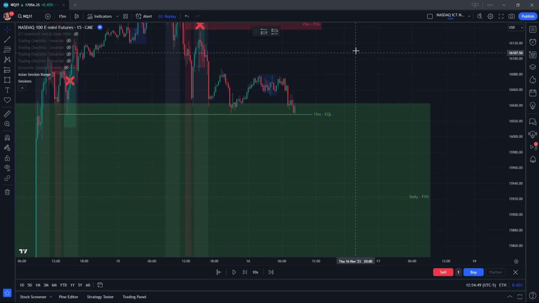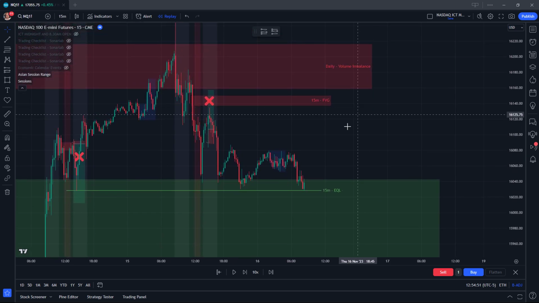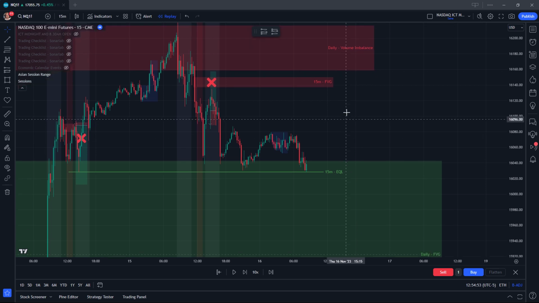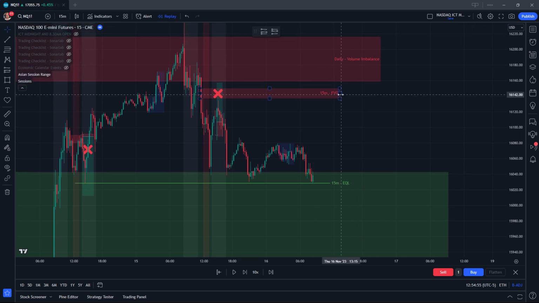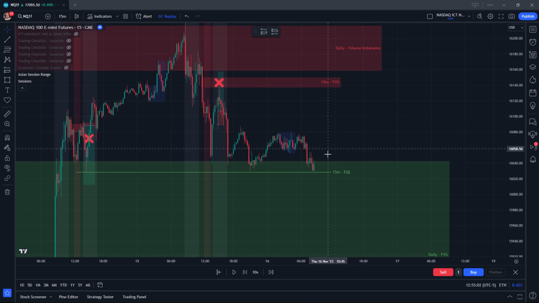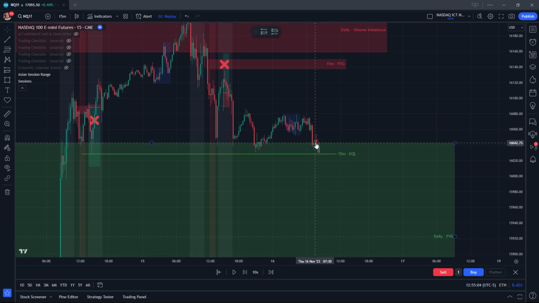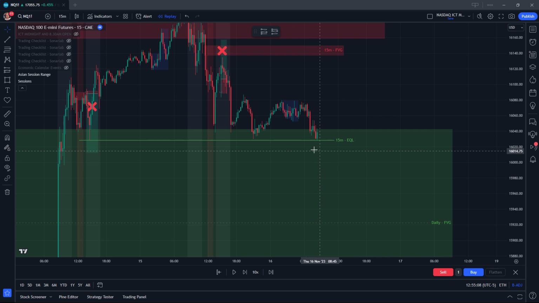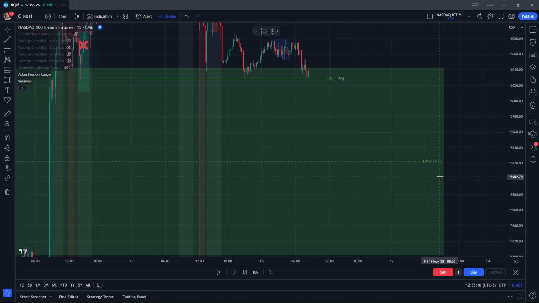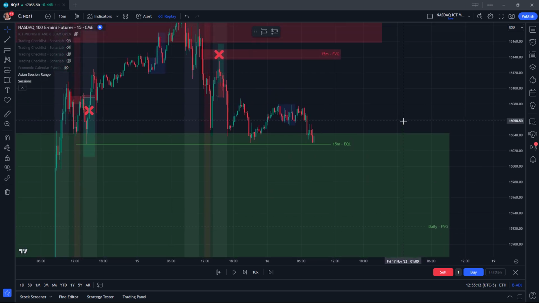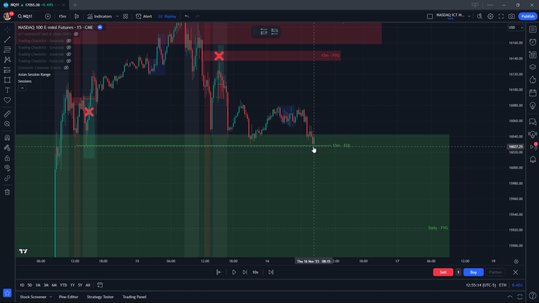Okay, so looking at this, should I be bullish or bearish? I think the daily bias is a little bit more complicated than just bullish or bearish. It's more of a narrative thing, where I could be wrong. I'm anticipating, this is a daily fair value gap. We've got equal lows here, so we've come into a discount array here.